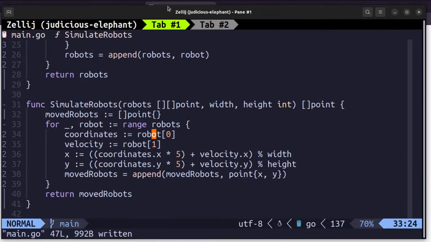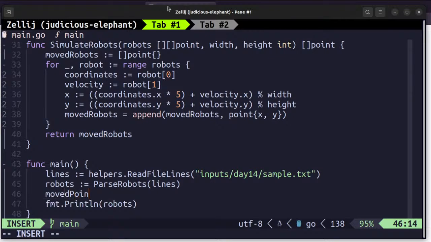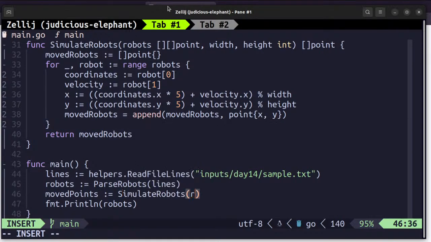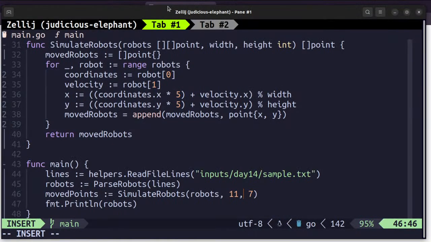So let me check that out first. Moved points. Will pass in 101. Sorry, this will be 11 and 7. Width is 7, right? The width is 7, yeah. The height is 11.